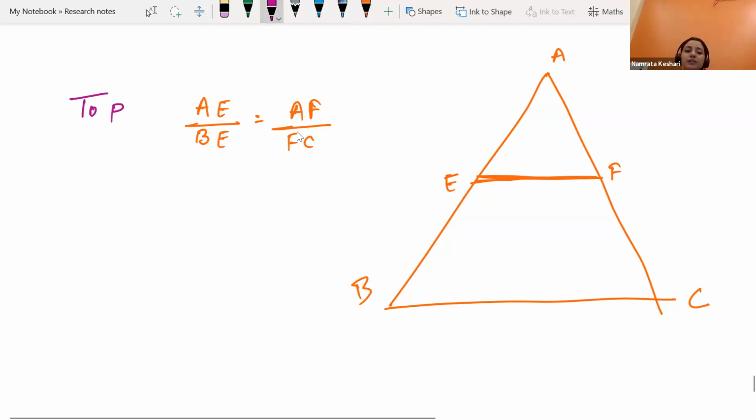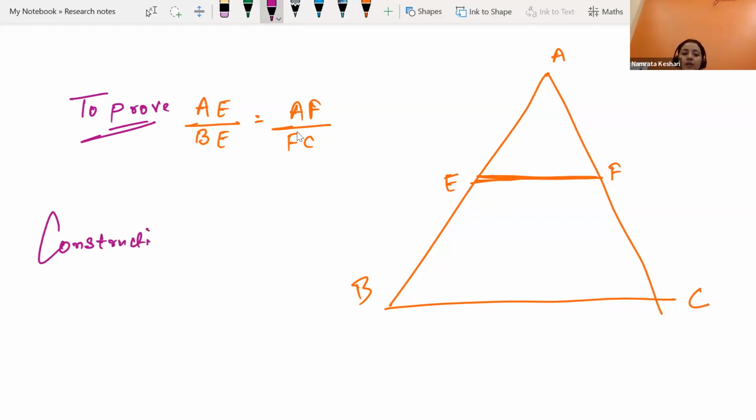Today we will be discussing how to prove it. So what we are doing to prove is construction. Now while doing the construction, see it carefully. From the vertex E, we are dropping one perpendicular on the side AF.